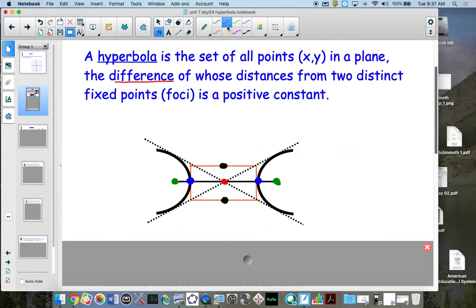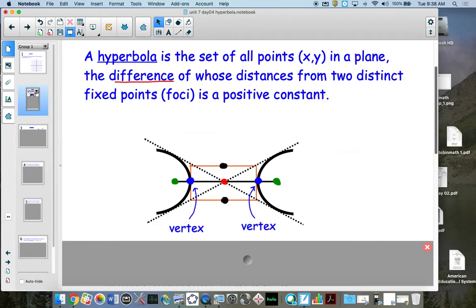Alright, so the first thing we need to know, let's start with the center, which is our red dot, and the distance from the center to the vertex, and these are our vertices, the blue dots.